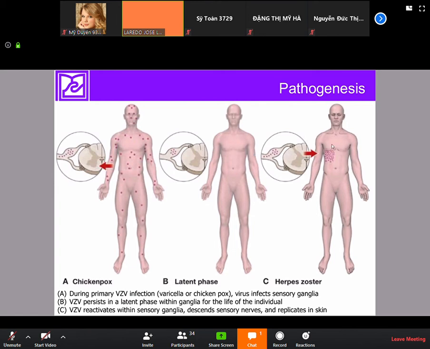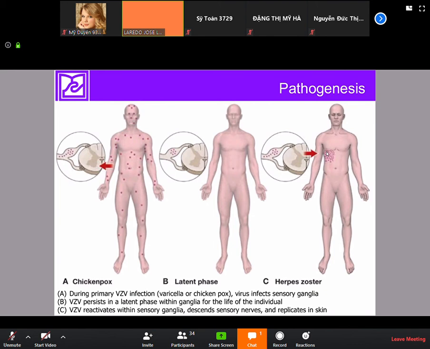In some patients very old, when the immune system is not working properly, mostly the T cells, the virus can start replicating in the nerve and go back to the skin and cause zoster. This is zoster. So zoster is not found in the whole body.